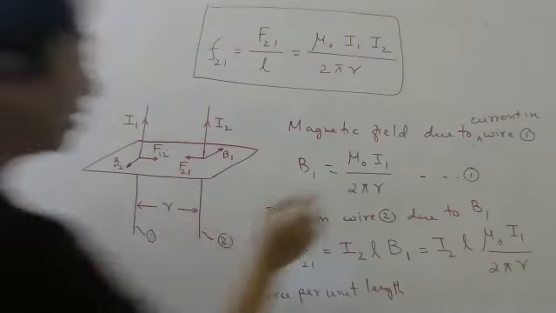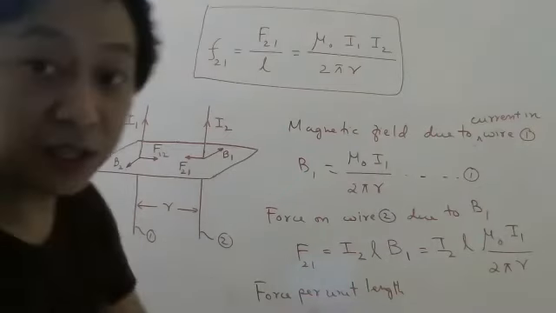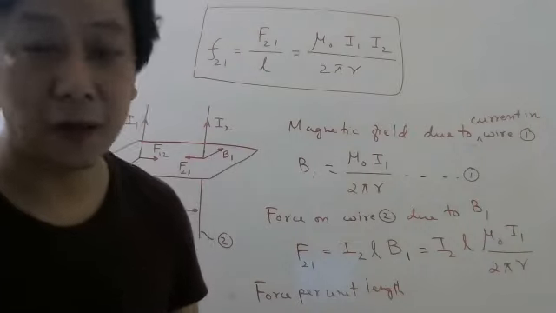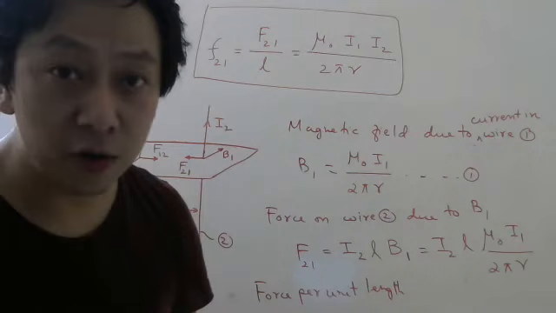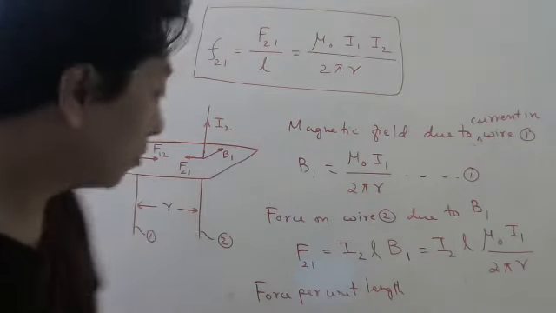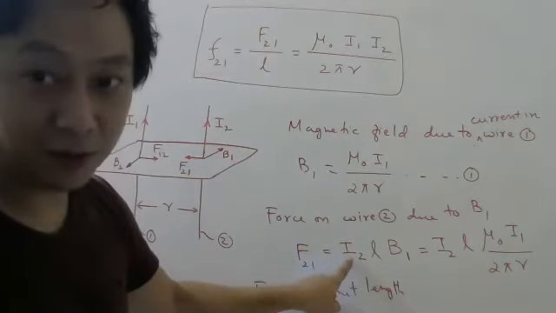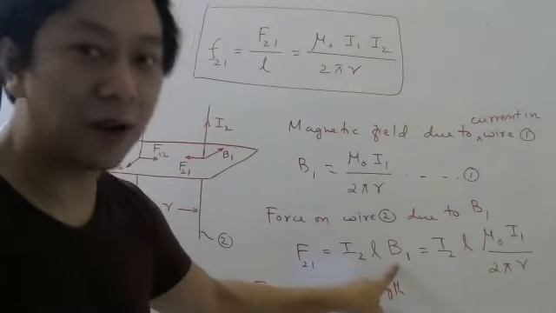So very simple. First, you find magnetic field due to first wire, then find force on the second wire. So if you remember in first PU, I used to tell you, whenever you calculate force, you should always ask on whom, by whom, on whom, by whom. So this formula contains both of them. See, this is on wire 2, matlab current in wire 2, due to magnetic field of wire 1.